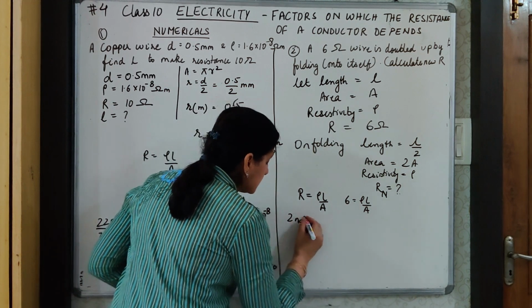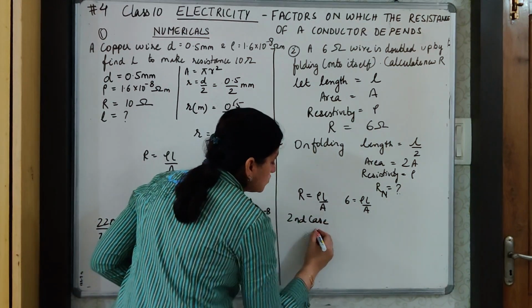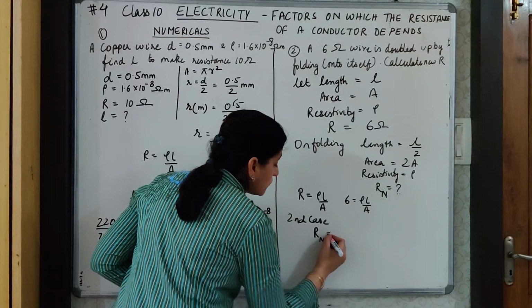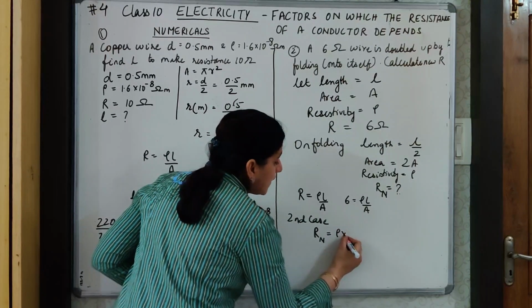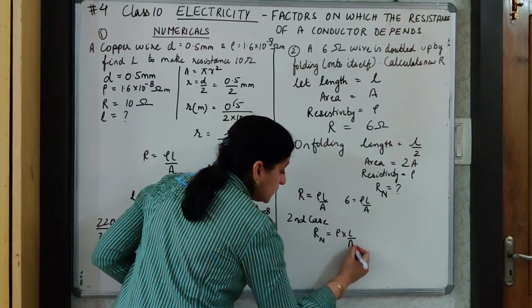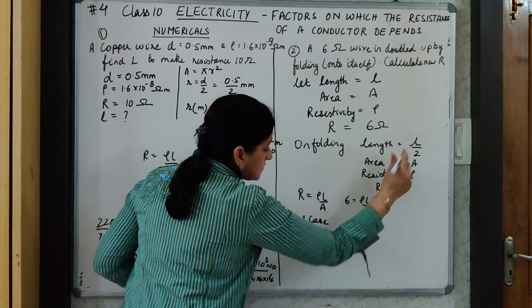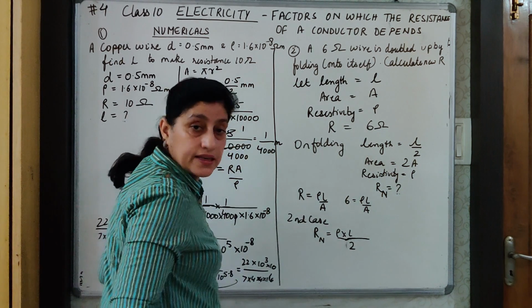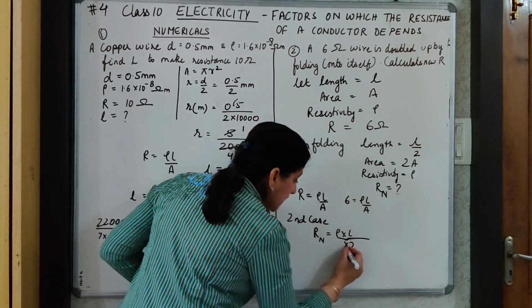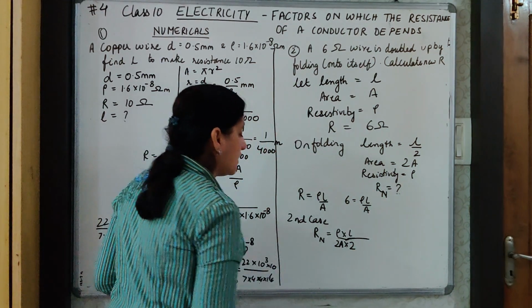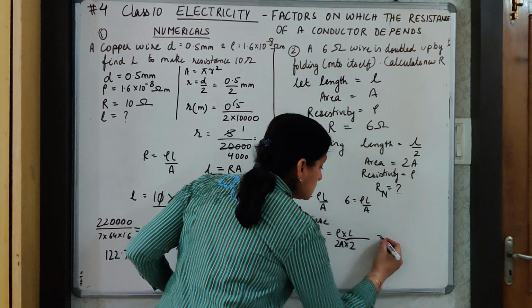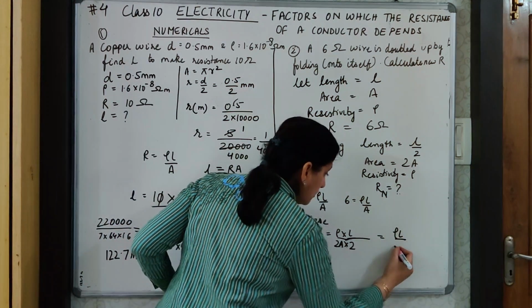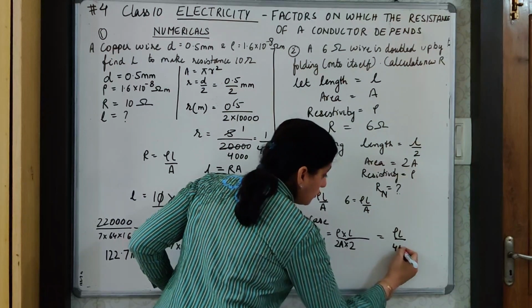In the second case I use the formula R new is equal to rho, L is L by 2, rho L upon A, and area is doubled. So area I write 2 times A, which becomes rho L upon 4A.